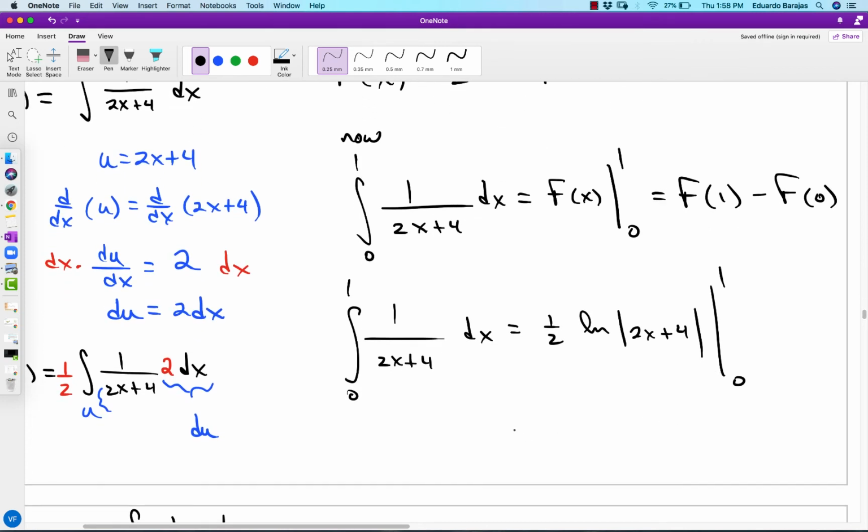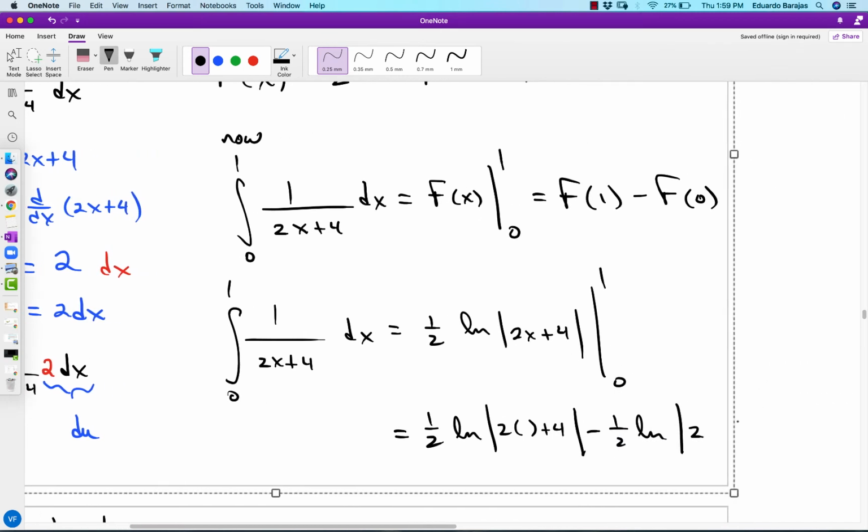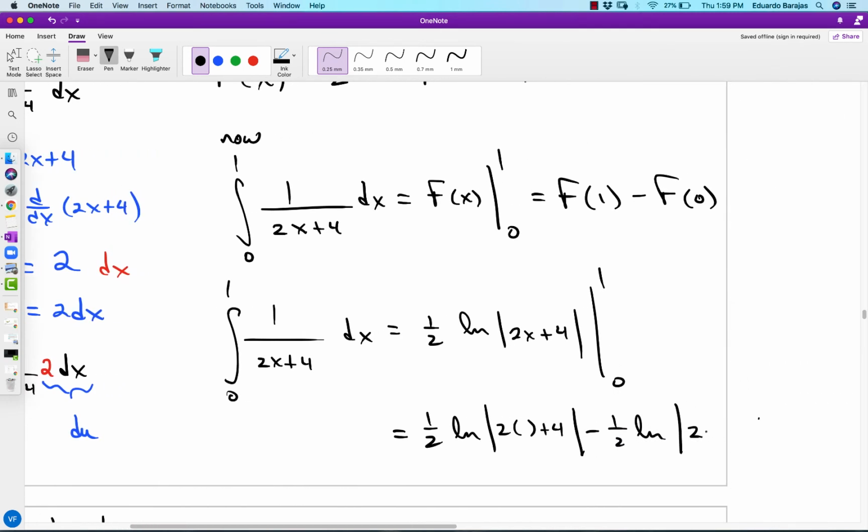So this is going to be equal to 1/2 ln of 2 blank plus 4, minus 1/2 ln of the absolute value of 2 times blank plus 4. First we're going to evaluate it at 1. Remember, the order is very important, so we put a 1 first, and then we evaluate it at 0 over here.